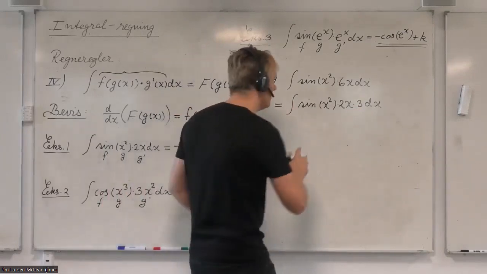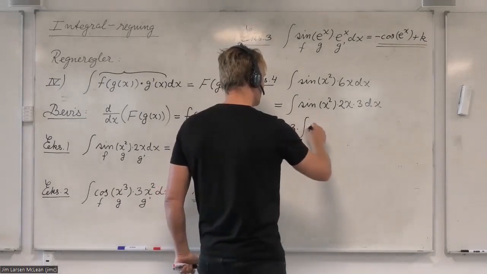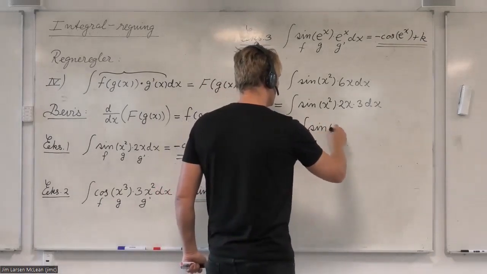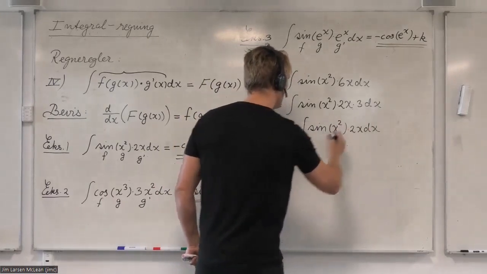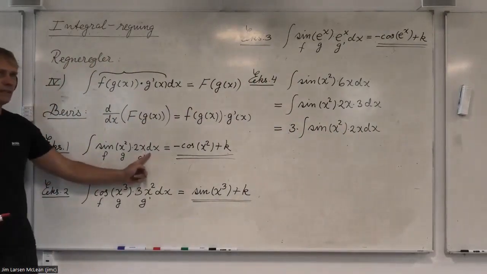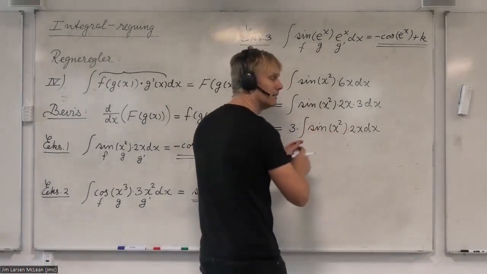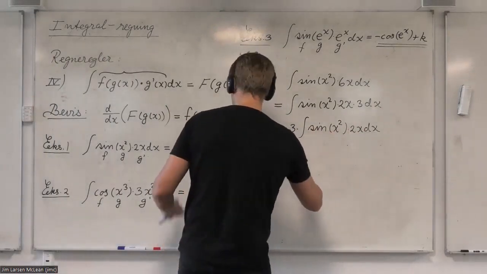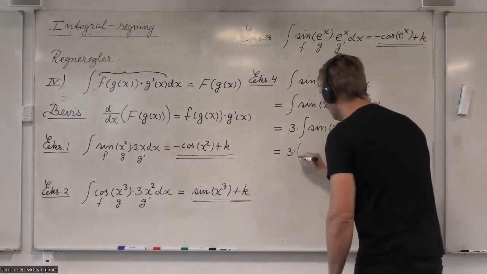So I'll just take my 3 outside the integral. And then I have a pure, lovely integral left, which is the integral of sine of x squared times 2x dx. And that integral, I've solved it. It's right here. So I don't want to think again. I'll just grab the answer and put it in there. So the answer must be 3 times that: minus cosine of x squared.